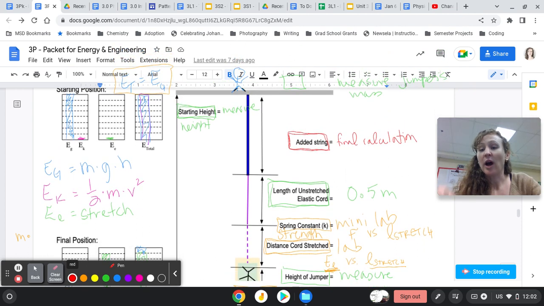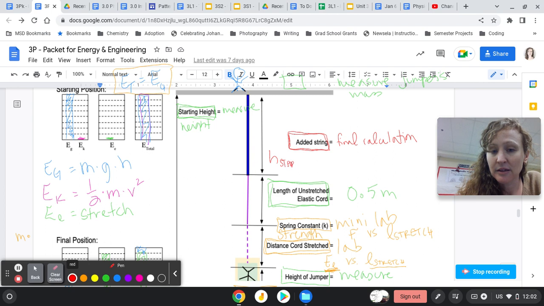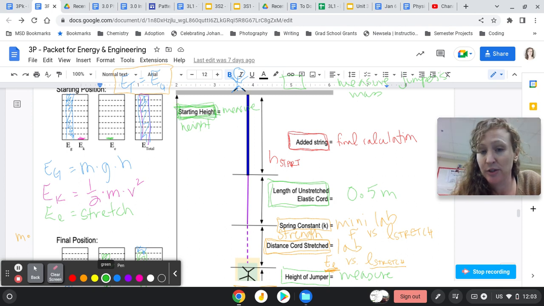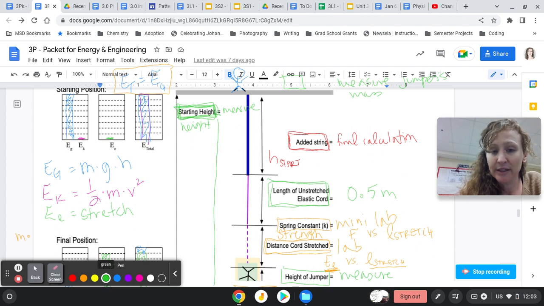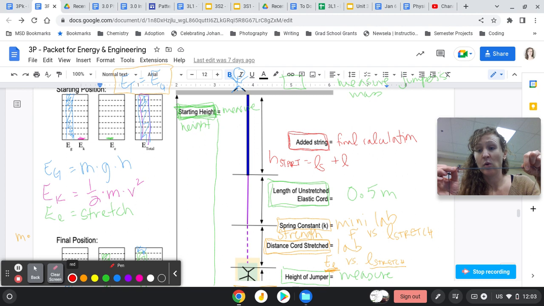So our starting height, our height in the beginning, which is up here in green. Remember, we're going to measure the balcony that we throw the jumpers off of. That's equal to everything below it. So that is equal to the length of our string plus the length of our elastic cord.